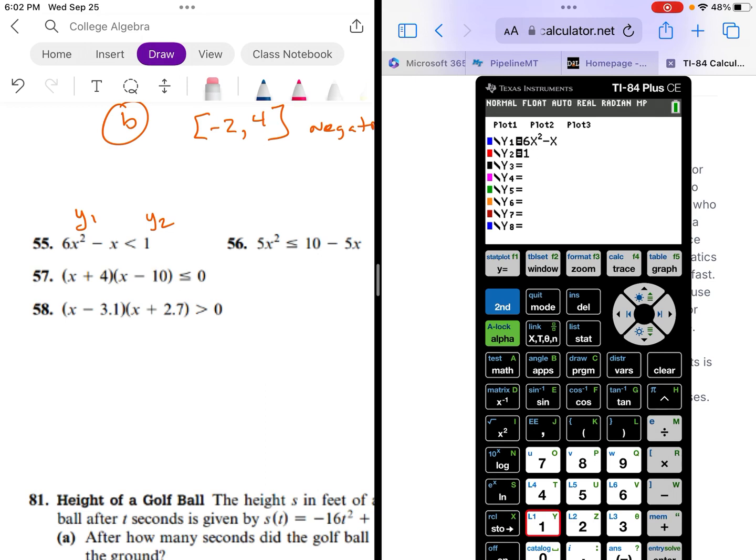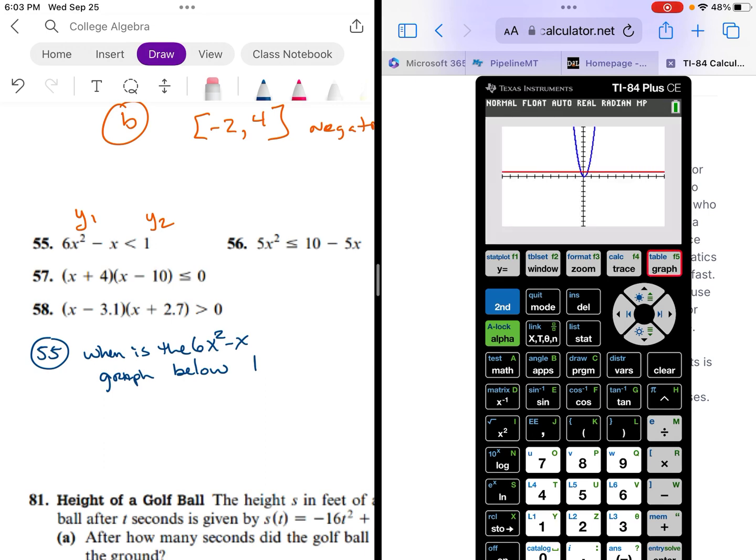And the way this is phrased here for 55, we're saying, when is the 6x squared minus x graph below 1? Okay, so let's hit graph.